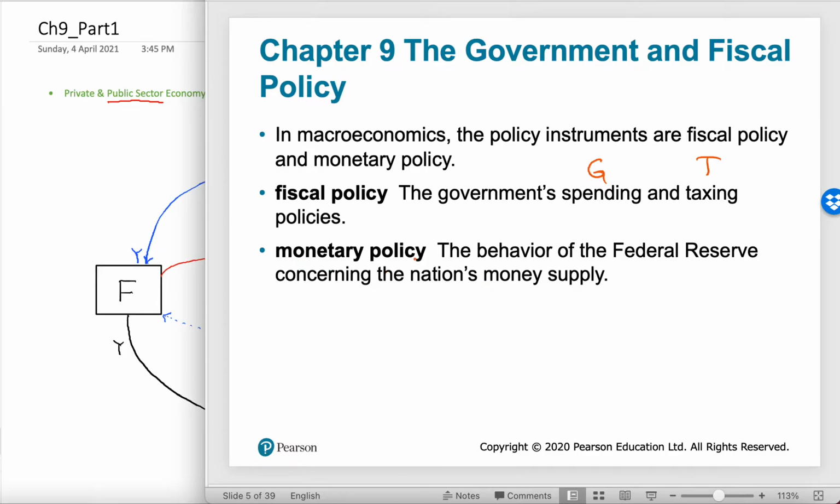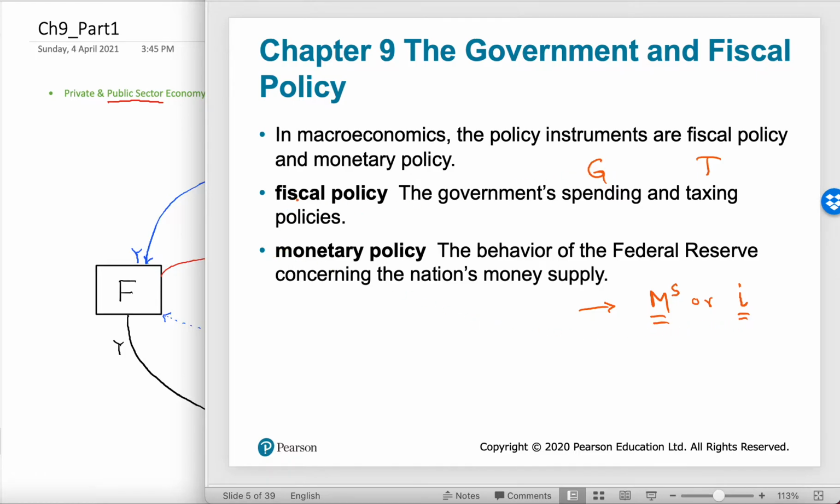Alternatively, it's the central bank or Federal Reserve which influences the economy through changing the money supply or influencing the interest rate in real or nominal terms. If the central banks impose changes in the money supply or influence the interest rate, this is called monetary policy.